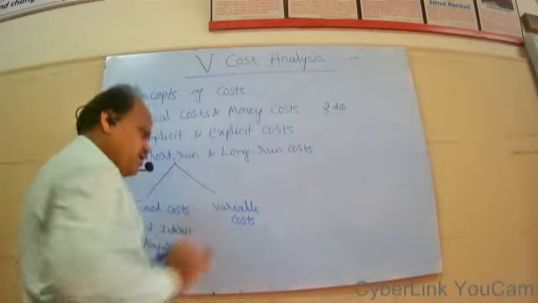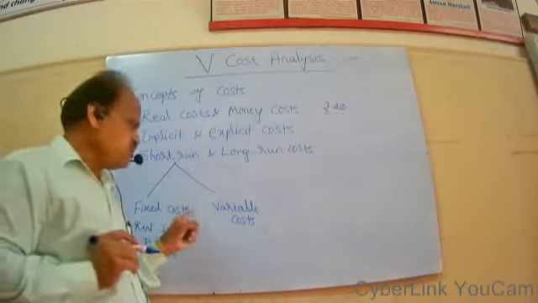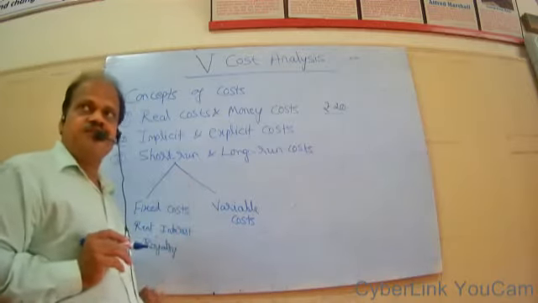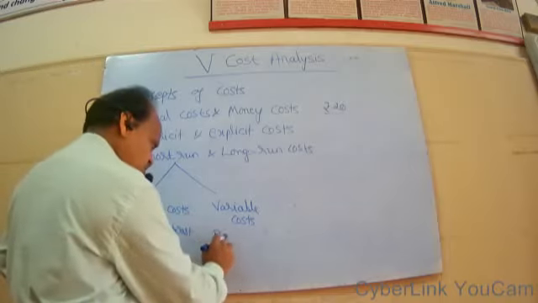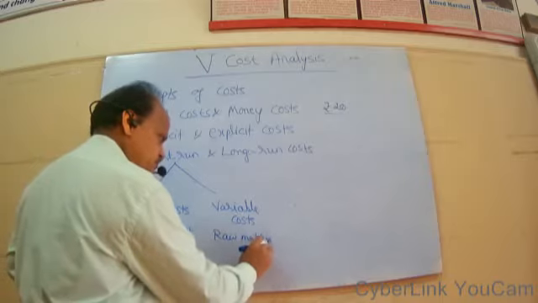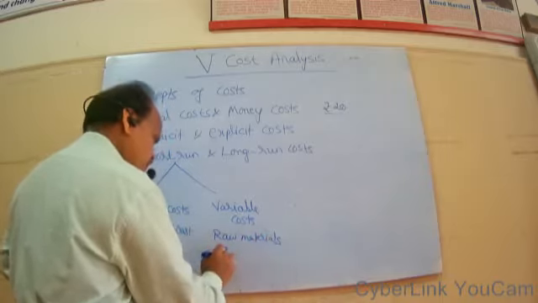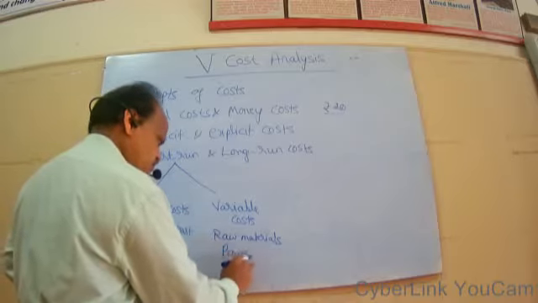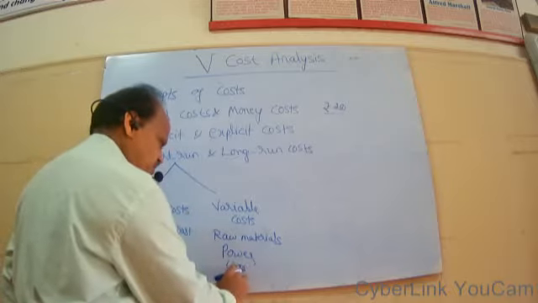Then what are variable costs? Variable costs are the costs which do vary as the scale of production changes. For example, cost of raw materials, cost of energy or cost of power, cost of wages.